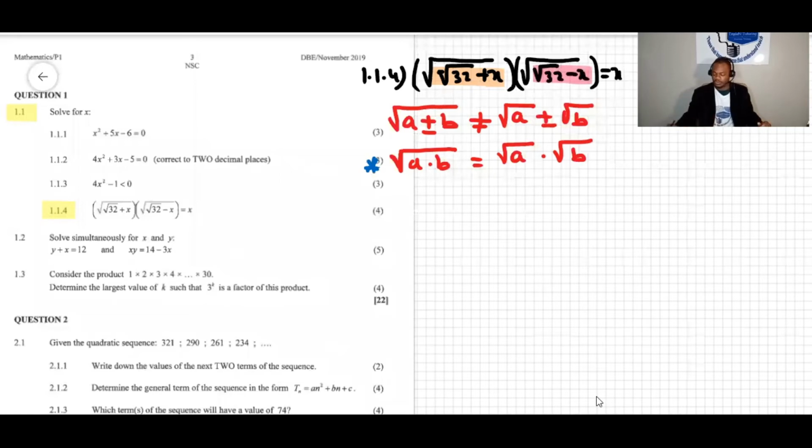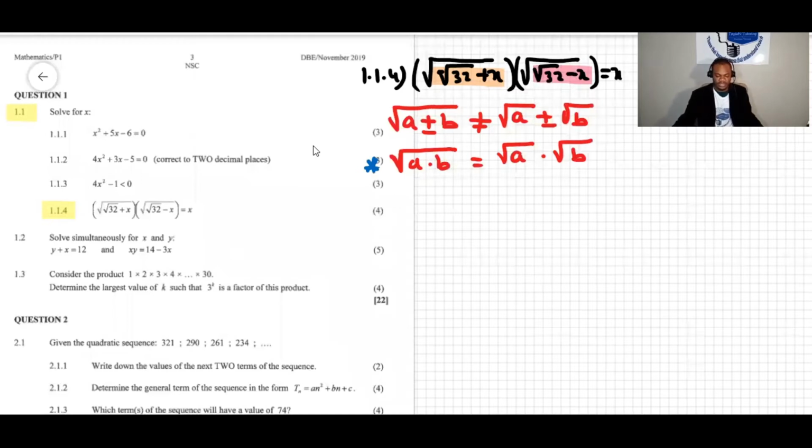I mean, they are useful interchangeably. We can reverse the signs. This is the square root of a, and this is the square root of b. So this all is equal to the square root of a times b. So we can write it this way.